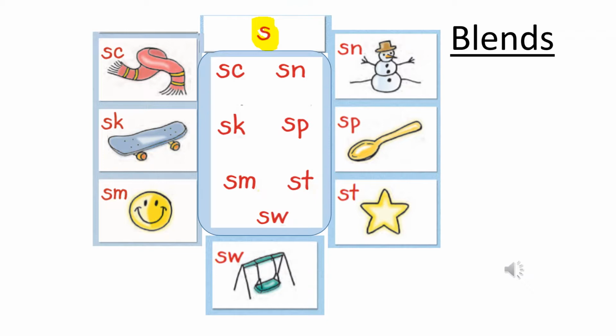If we look at the bottom, we see the swing. You can hear the S and the W. Swing. Then look at the star. Star. And the SP. Spoon. And finally, the snowman. The S and the N. So these are what we call blends that have an S in them. And you'll find them at the beginning of many words in English. And each letter makes its own sound.